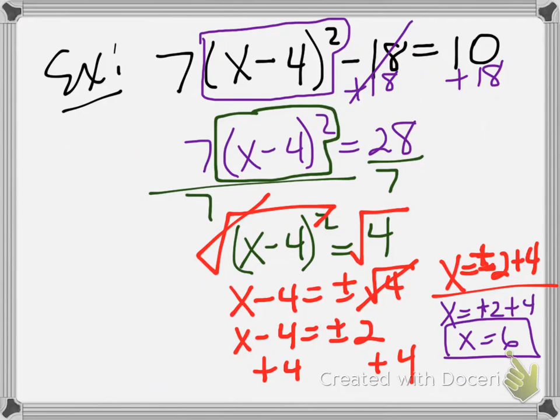Another solution is going to be negative 2 plus 4, which would be x equals 2. So the two solutions we have here are x equals 6 and x equals 2.